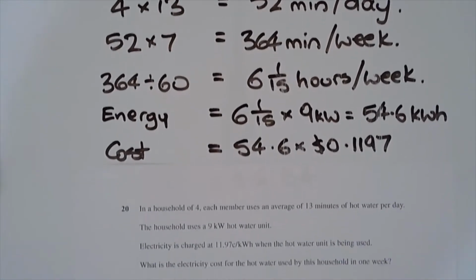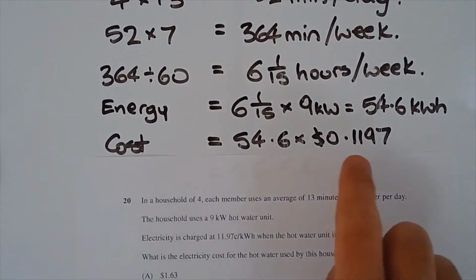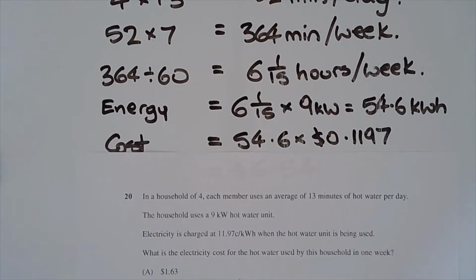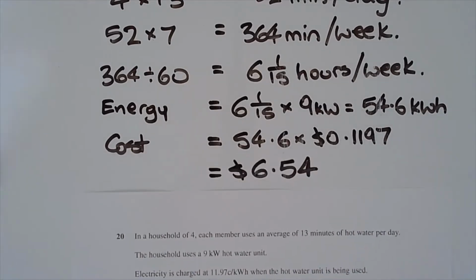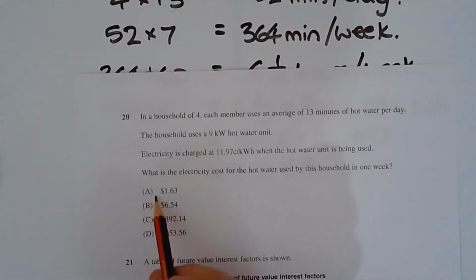So we take the energy used, 54.6 kilowatt hours, multiplied by the cost of electricity in dollars per kilowatt hour. Notice that in the question, it's given in cents. So we need to convert that into dollars first. So that's 0.1197. Multiplying all that together, we get $6.54. So it's option B.